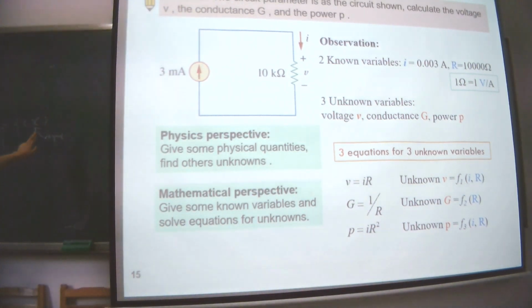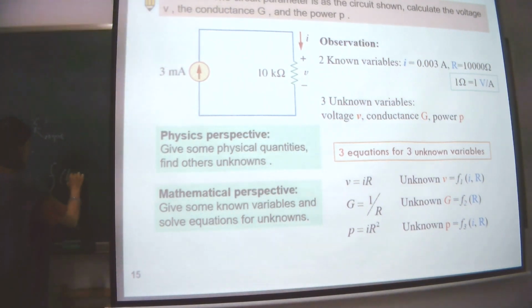Here we have some known variables. So all unknowns must be a function f of known variables.